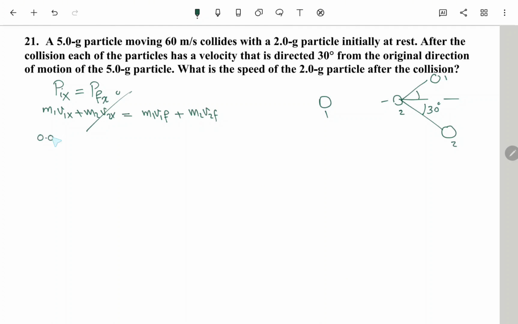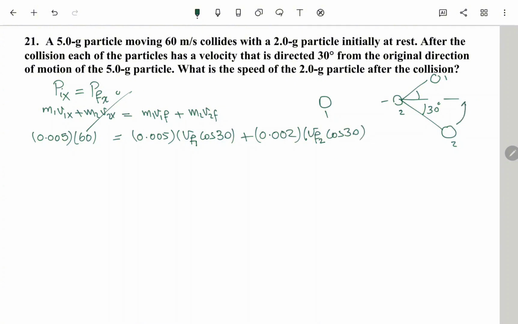So 0.005, it has to be in kilograms, times 60 equals 0.005 v1 final cosine theta plus 0.002, the other object, v2 final cosine theta.